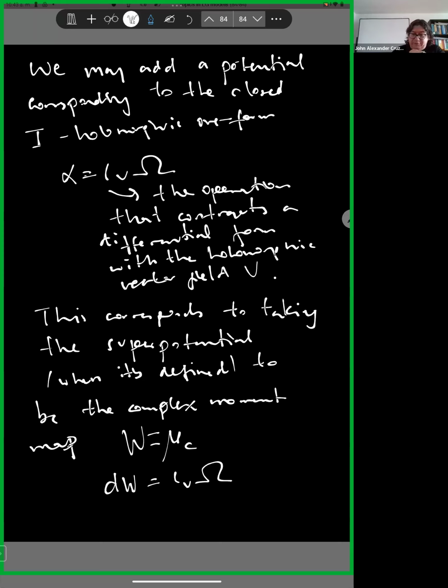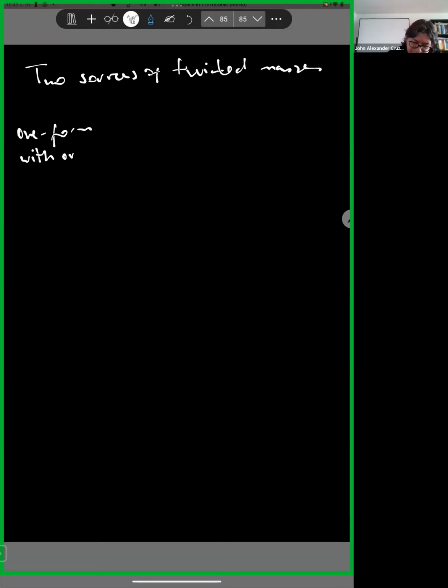Okay, so again, summarizing, we have two sources of twisted masses. So you consider a one form with non-trivial periods.